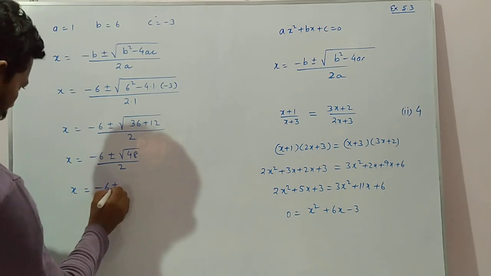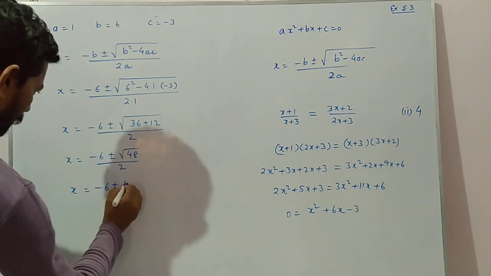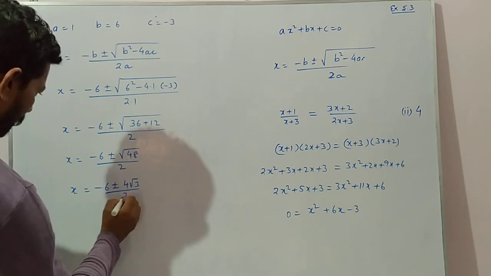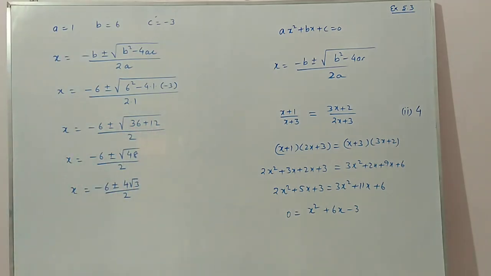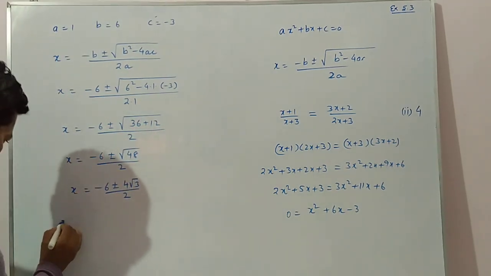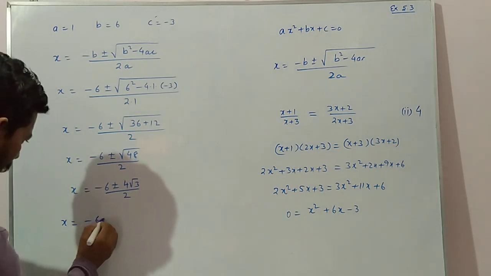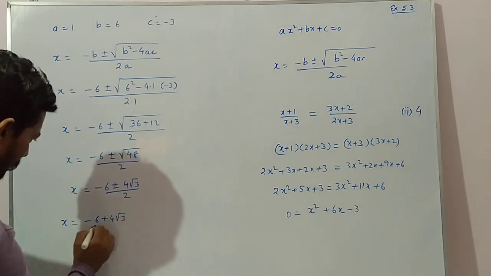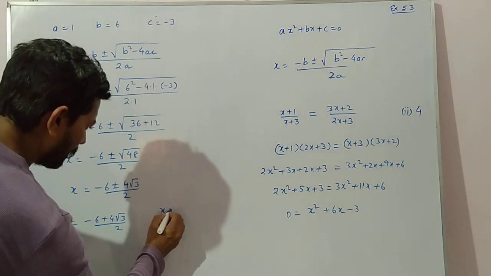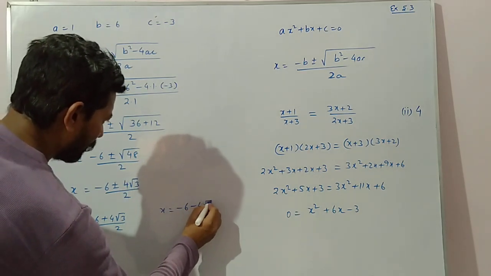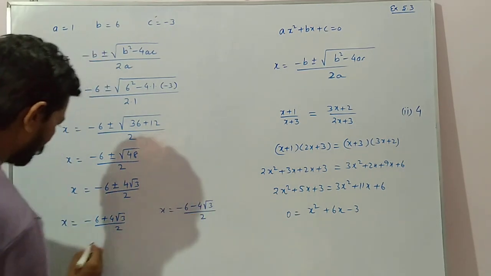Root 48 is 4 root 3. So x equal to minus 6 plus 4 root 3 by 2, and x equal to minus 6 minus 4 root 3 by 2.